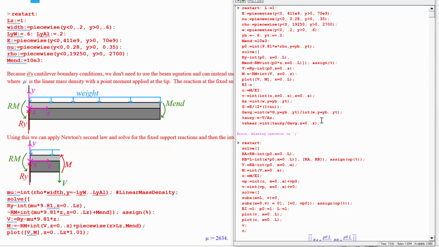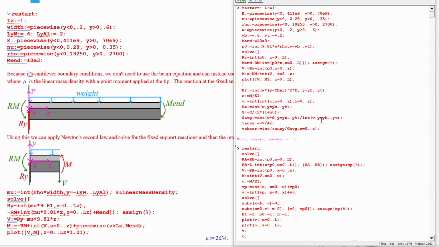Now, EI, how do we do this? EI is equal to the integral of W times (Y minus Y bar) all squared times E, and we're going to take Y equals Y bottom to Y top. We don't divide by anything this time because we're not calculating an average when we calculate flexural rigidity.